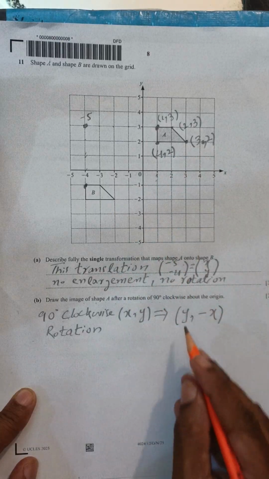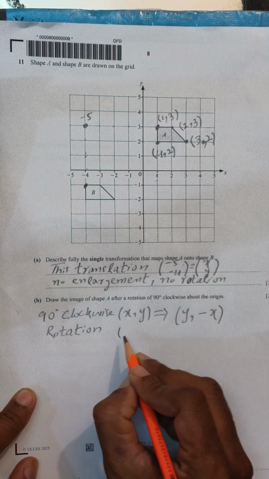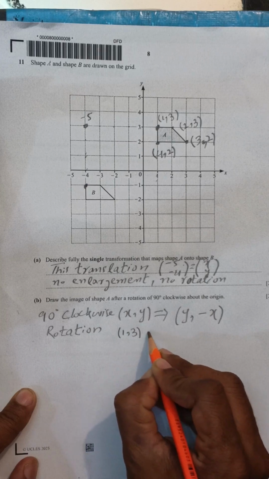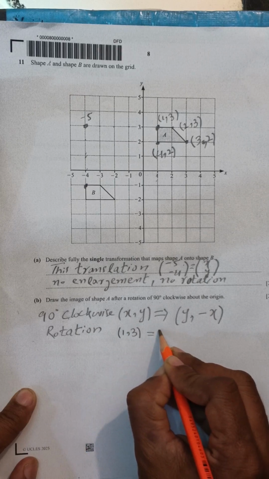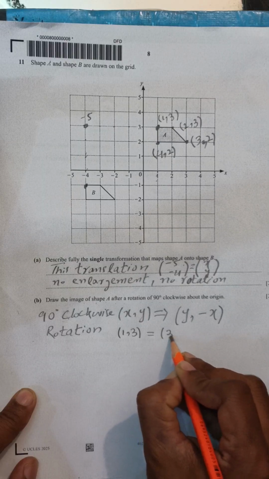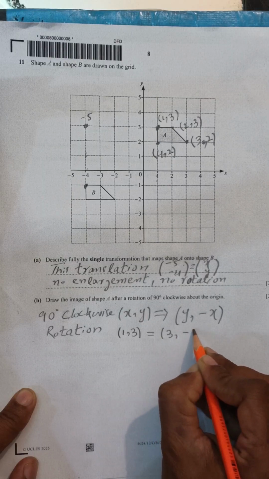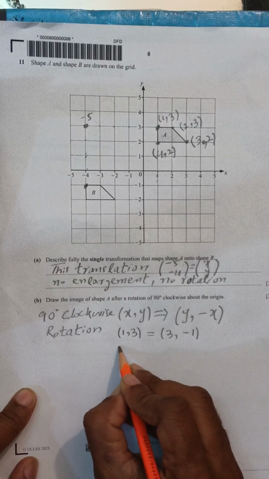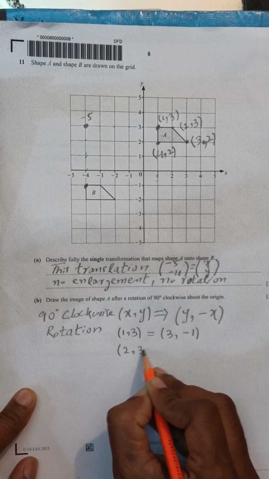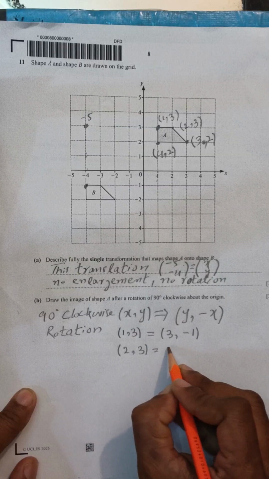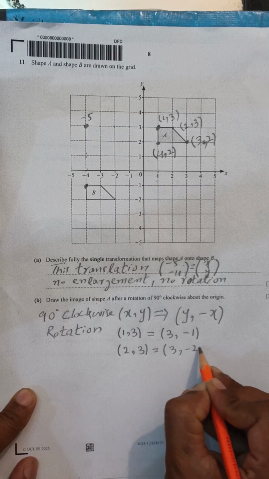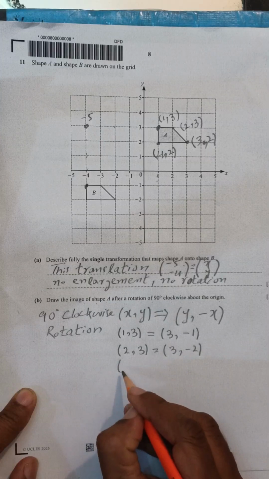Now rotate these. The first one, (1, 3), after rotation becomes (3, -1). The second one, (2, 3), becomes (3, -2).